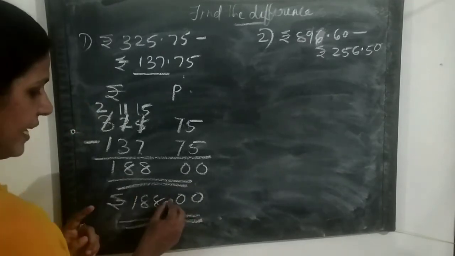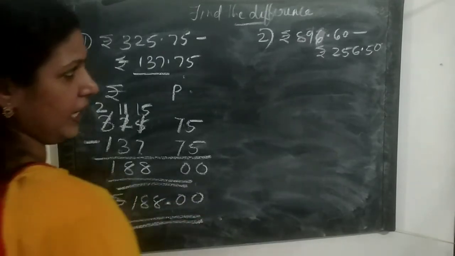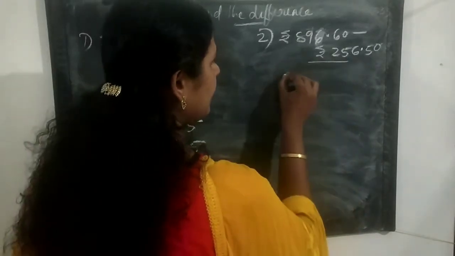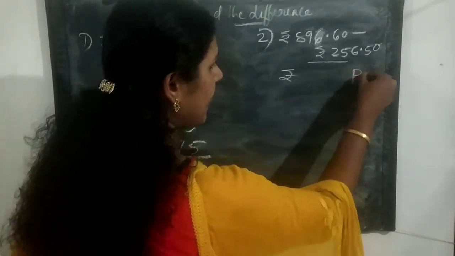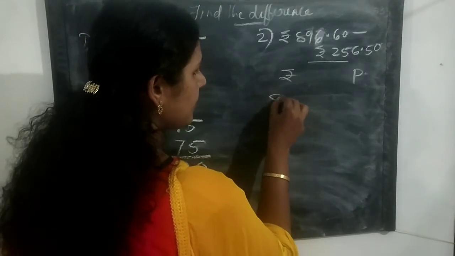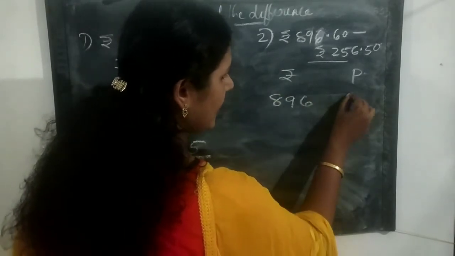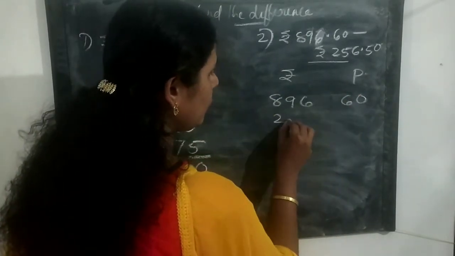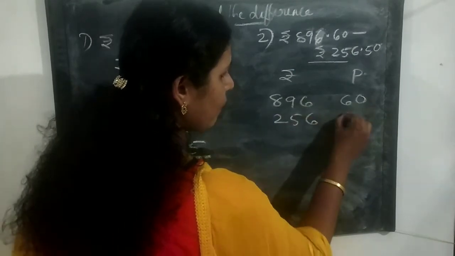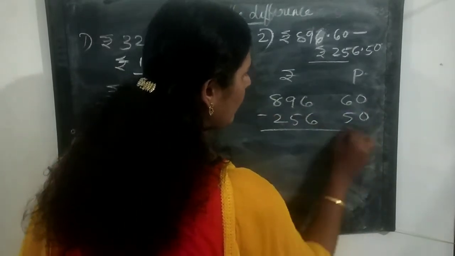Rupees 188.00. Okay. So here first we write this rupees and paisa. Then 896.60 and 256.50. Okay.